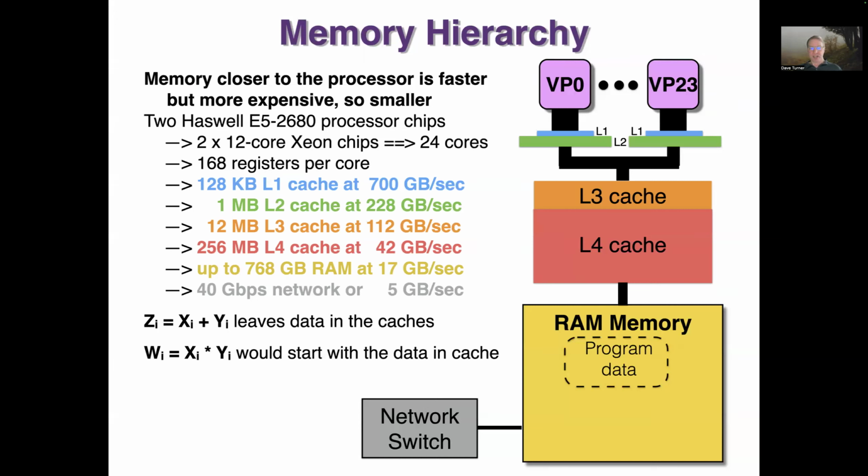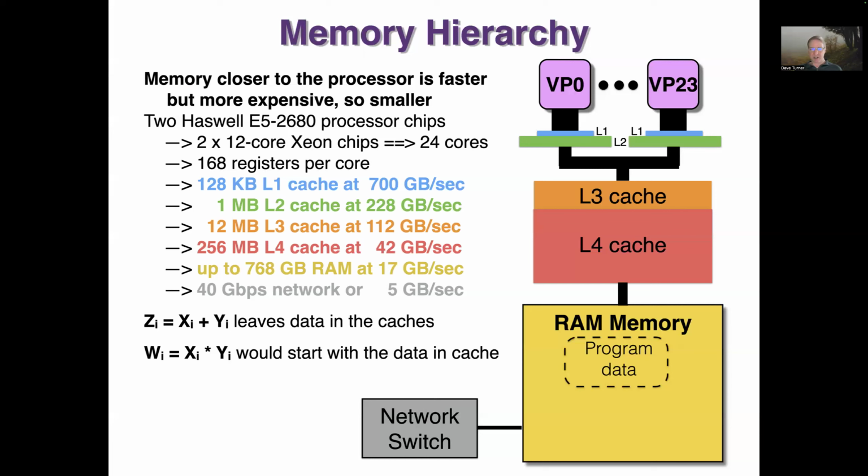Now, you may not have room in the 128K that's in your L1 cache to fit the whole matrix, but by pulling some of the subblocks in and reusing them, you don't have to load them each time from main memory, which again in yellow here is about 17 gigabytes per second.